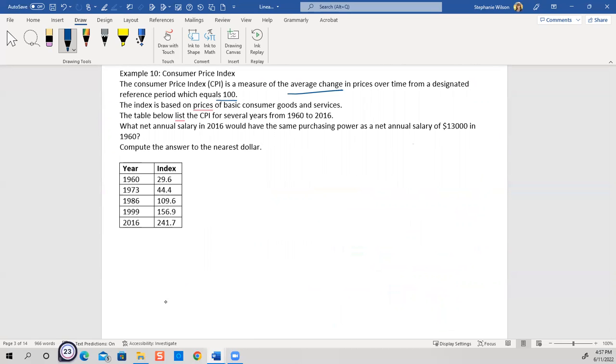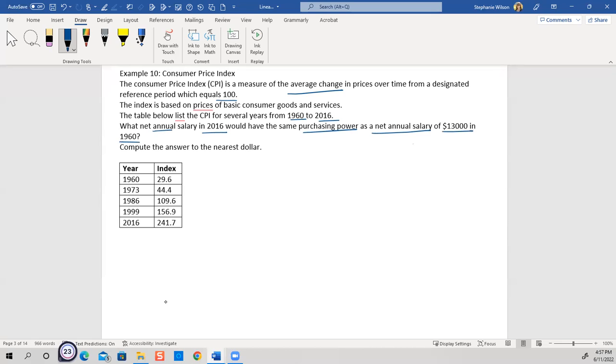It says that we're going to determine this index-based price of consumer goods and services from the year 1960 to 2016. It says what net annual salary, annual means one, in 2016 would have the same purchasing power as a net annual salary of $13,000 in 1960. So we got a ratio going on here.